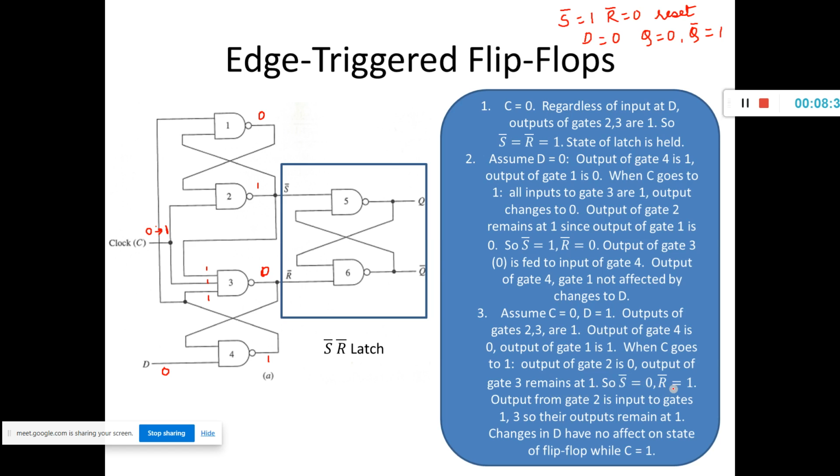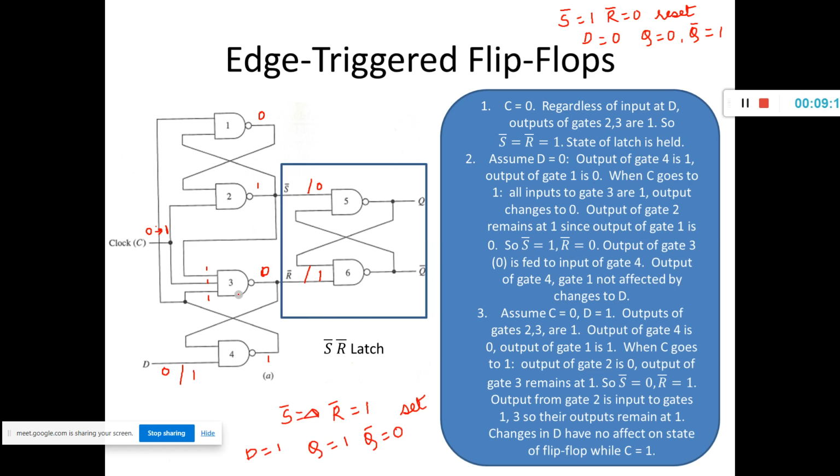So whenever D is 1, S bar becomes 0 and R bar becomes 1. Then Q becomes 1 and Q bar becomes 0. So it will set. D was 1, now Q became 1.